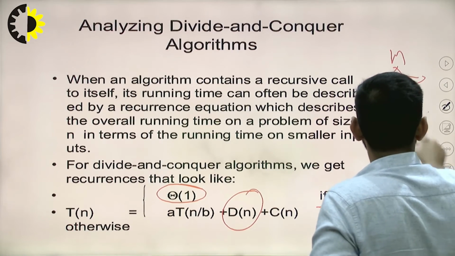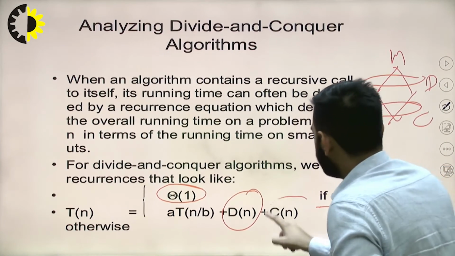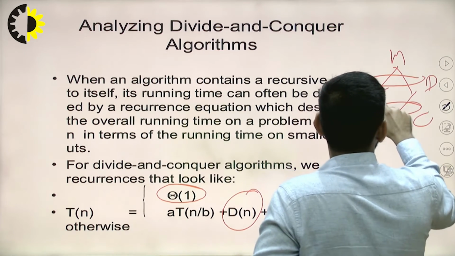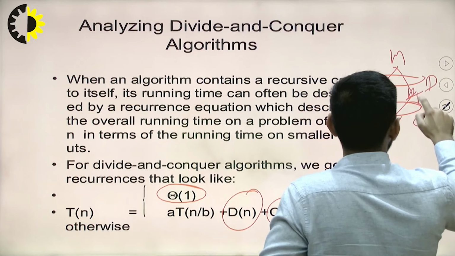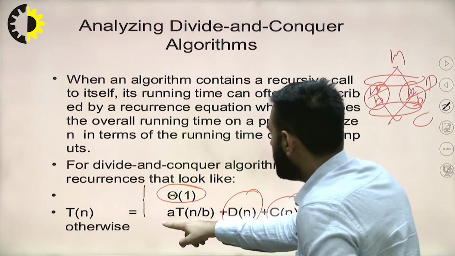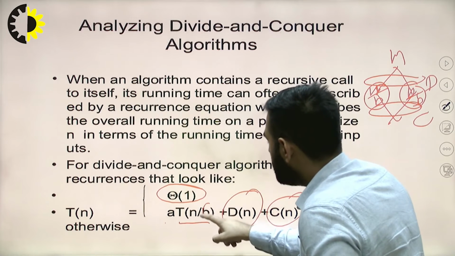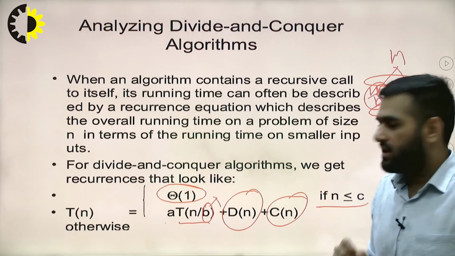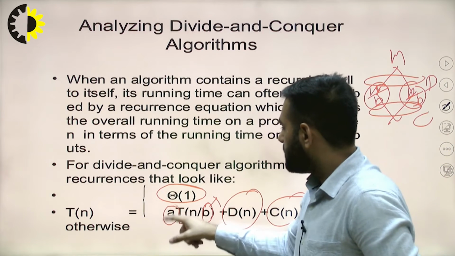Combined time C, that is the divide and combine time, where the problem is n by b of the same size. So 2a T(n/b), where b is the size of each subproblem, and a is the number of subproblems.